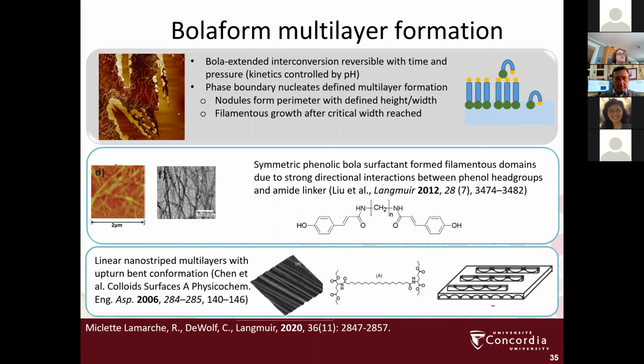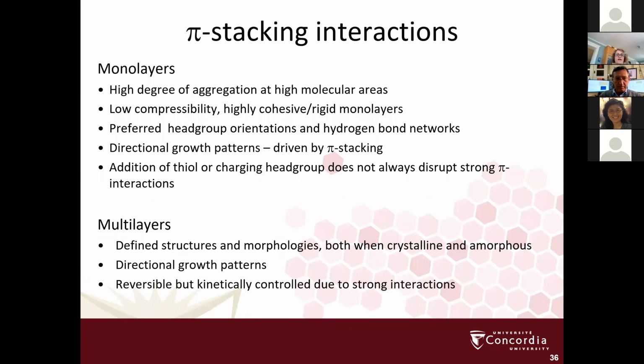And nanostripe multilayers have been reported also for another bola, but in their case, it was driven, as they proposed, by hydrophobic interactions between the chains, because the chain was upturned as opposed to the way we believe ours is. So with that, I see I'm running out of time.